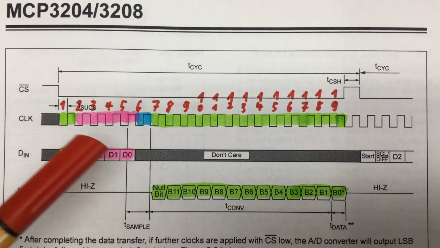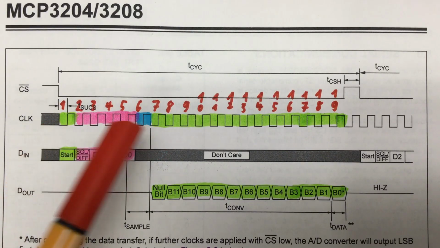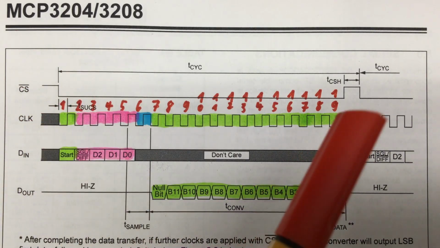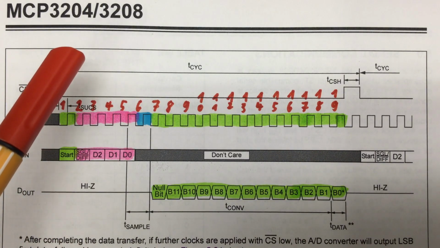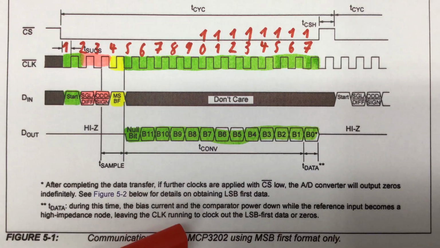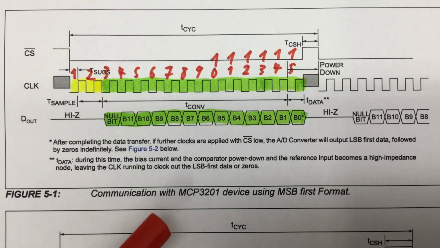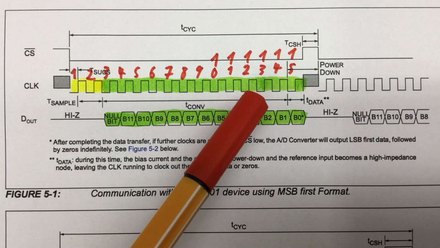Now, if you paid close attention, you might have spotted a slight problem. One SPI transaction with a 3204 and 3208 takes 19 bits, respectively with a 3004 and 3008 17 bits. For the 3202s and 3002s, it's 17 bits, respectively 15 bits. And for the 3201s and 3001s, it's 15 bits, respectively 13 bits.